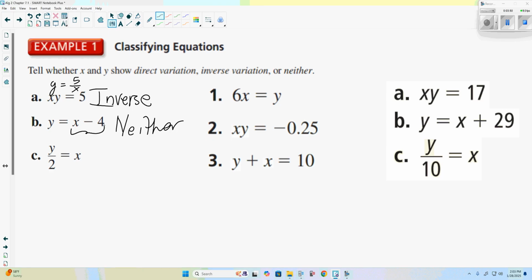There's one thing that this has that direct and inverse don't have: addition, subtraction. Direct and inverse variation will not have addition or subtraction. It's going to mainly deal with multiplication and division. So this is neither. Let's look at the last one. Y over 2 equals x is going to be direct.